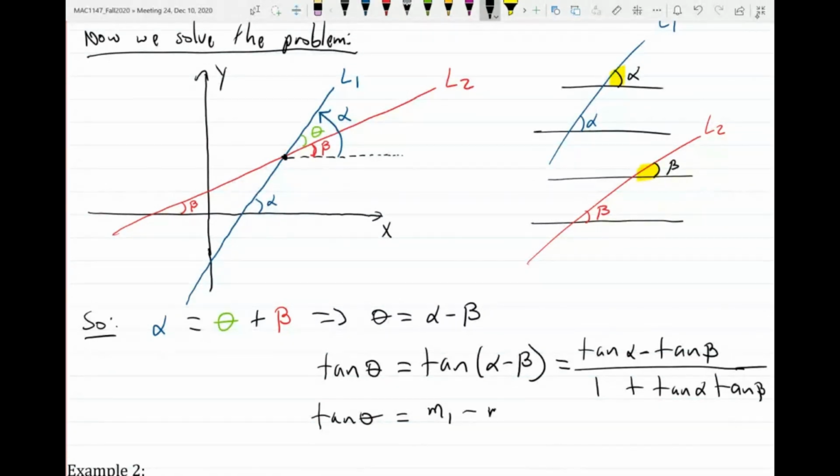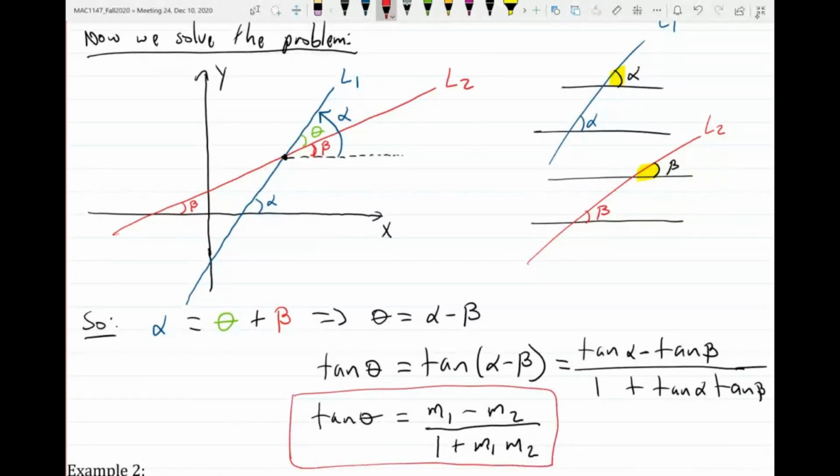Tangent of beta is just the slope of the second line. So we get M1 times M2, and we get the desired formula: the tangent of an angle between two lines is given by the difference of the slopes divided by 1 plus the product of the slopes. Okay, questions?